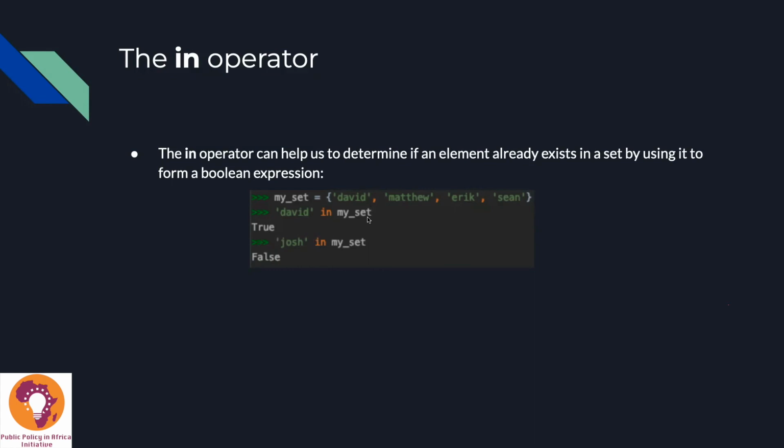So you can do Boolean values, you can do integers, whatever it might be. In this particular case, it just made sense to use strings because I'm imagining my set as a list of students or something like that. So that's just why I used strings here. But great question. You don't need to use strings with the in operator.